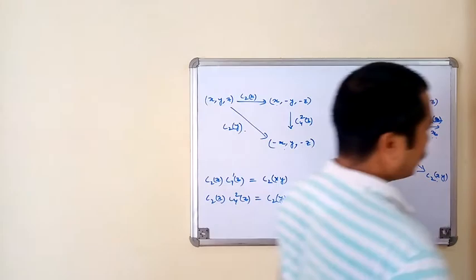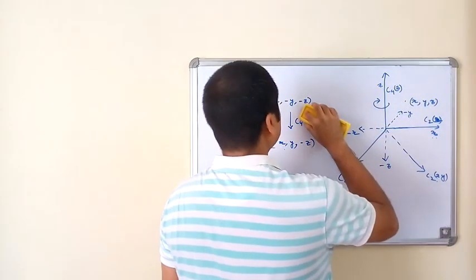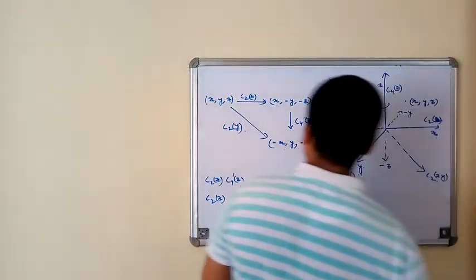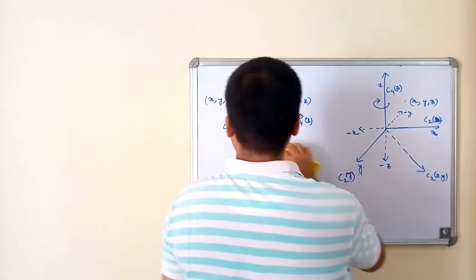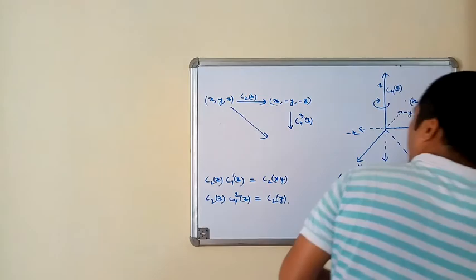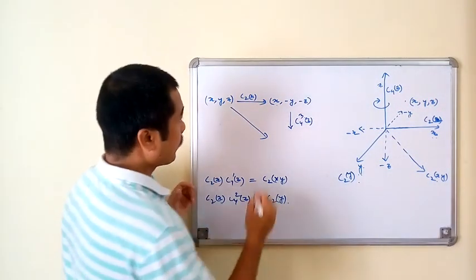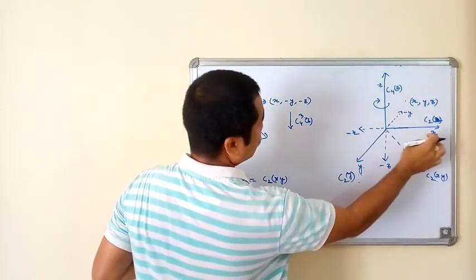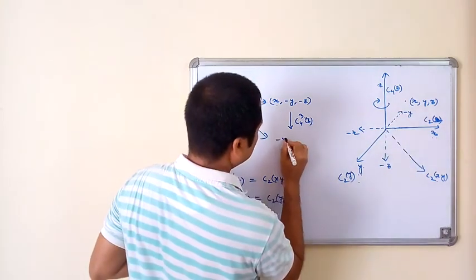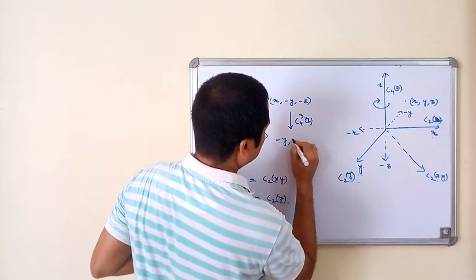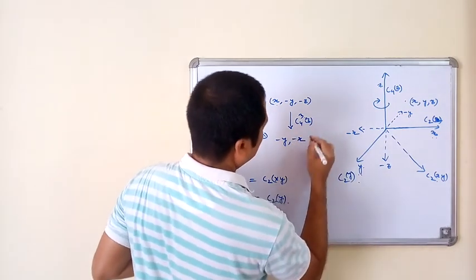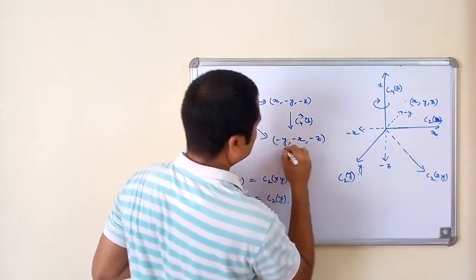Similarly, if we do the C4^3 operation over here, the coordinates this time are going to be, we have to rotate by 270 degrees. So x will go to minus y, y will go to minus x, and z will not change, it is going to remain as minus z.